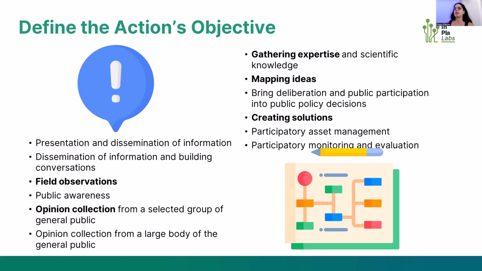For example, we can have a walk with a set of people, and all together we can do some mapping of the weaknesses and the advantages of an area. We can co-create solutions. We can map ideas. We can do participatory monitoring and evaluation, which also comes up a lot in research and scientific-based participatory planning exercises.